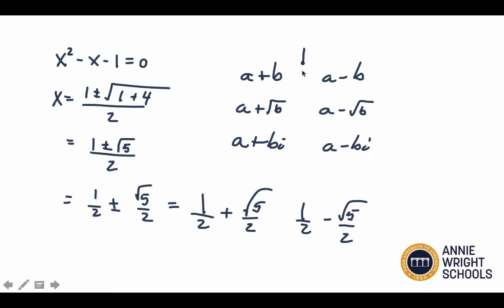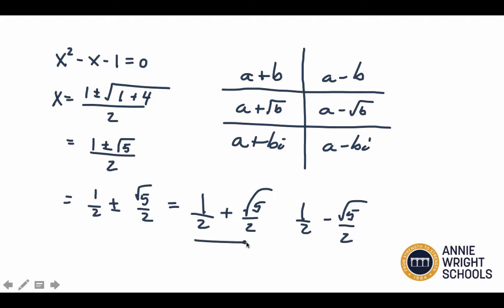And what I want you to see is whatever the solution is for your quadratic, it always ends up being in this form, a number plus a number and that same number minus a number. When that happens, these two things have a special name. They're called conjugates.